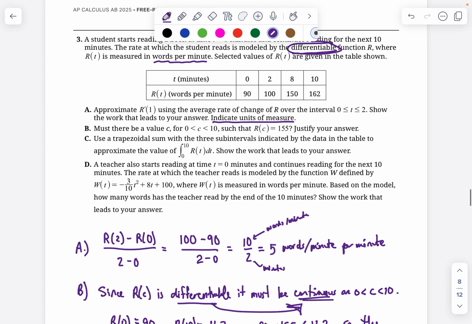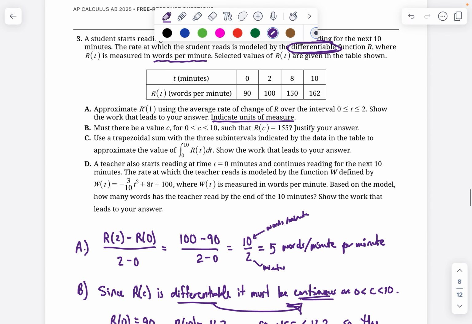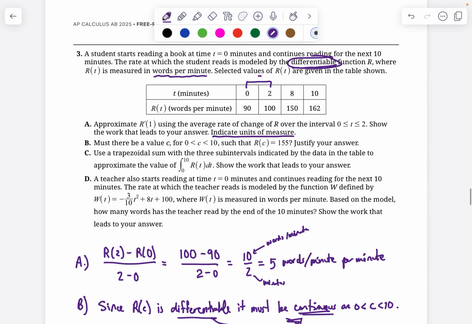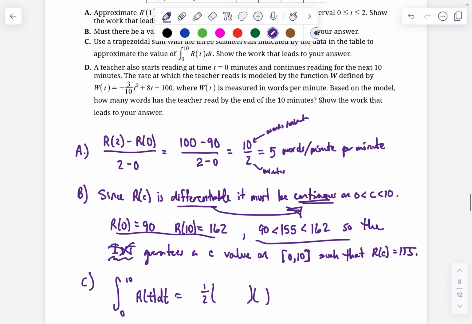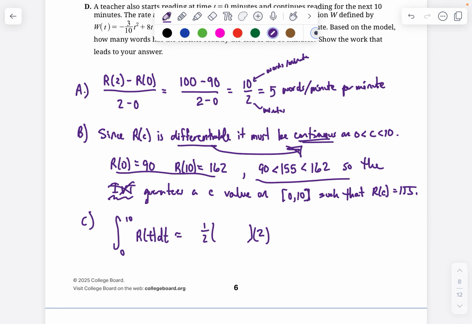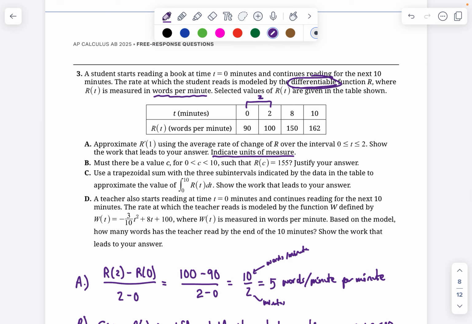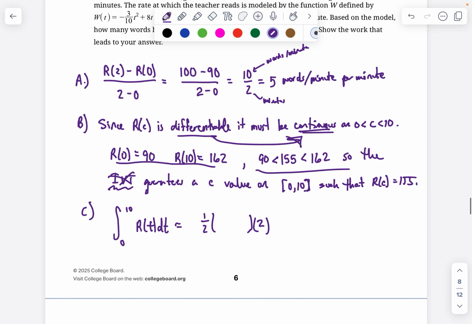So that would mean for that very first trapezoid, that first interval, 0 to 2, that's the height of the trapezoid, so 2, and the sum of the bases, right, it goes up to 90 and up to 100, so then we could do 90 plus 100.